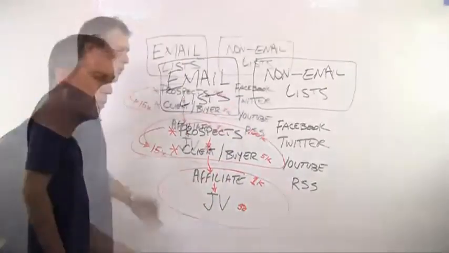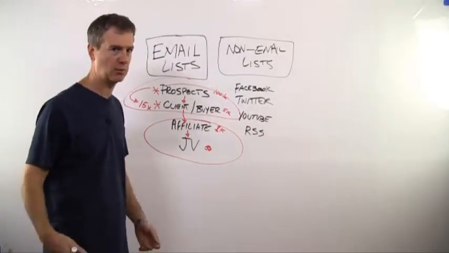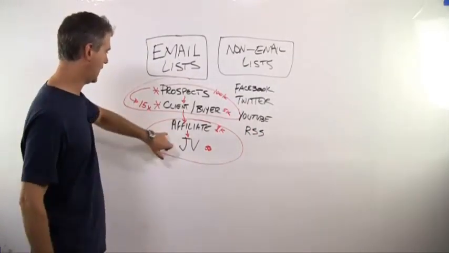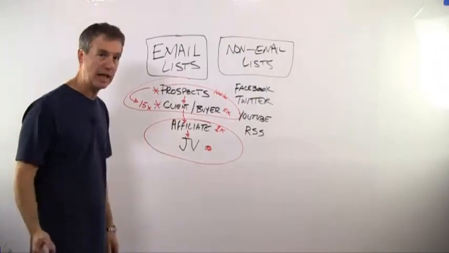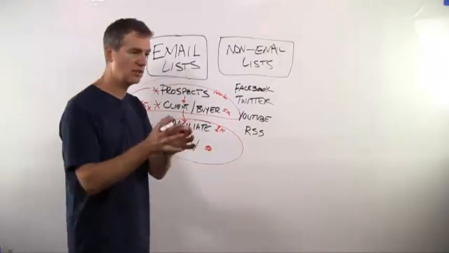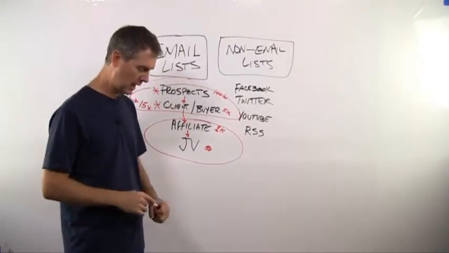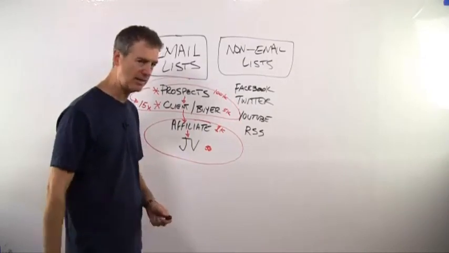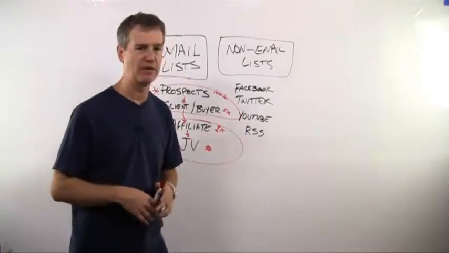But what's important is that you'll have these different lists, and you need to treat them differently and communicate with them differently. The avatar down here is certainly different from the avatar here. Each list is going to have a slightly different avatar, and that's who you have to be writing to. I even know people, I haven't done this, who have actually found a picture of their avatar.